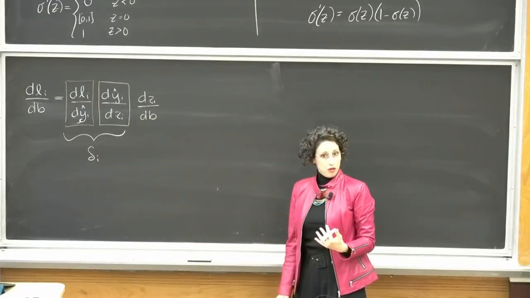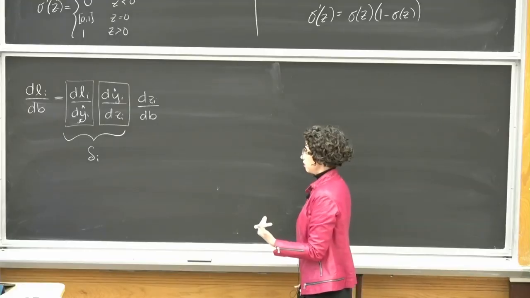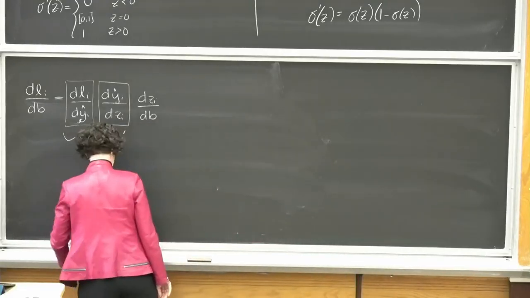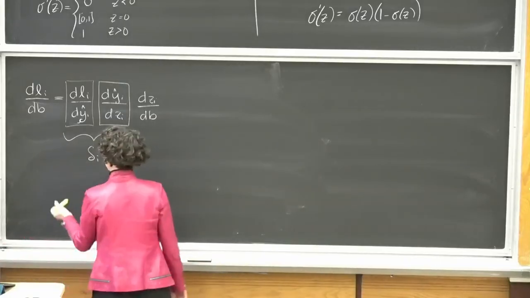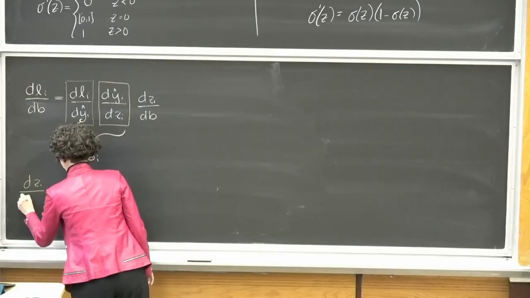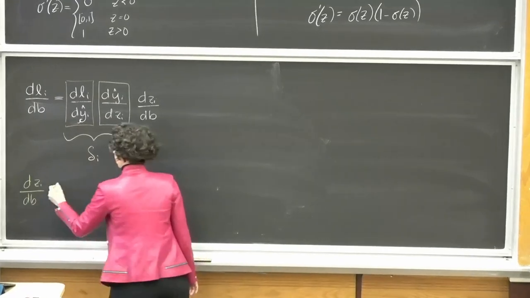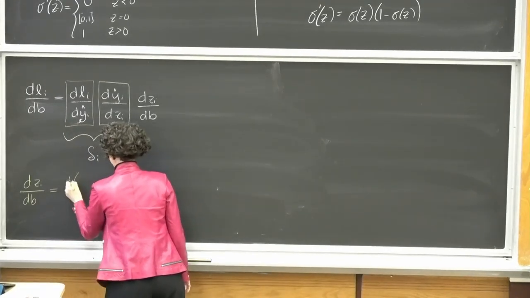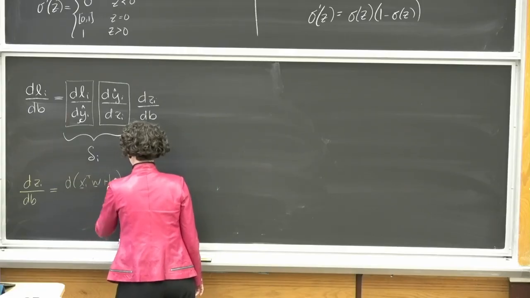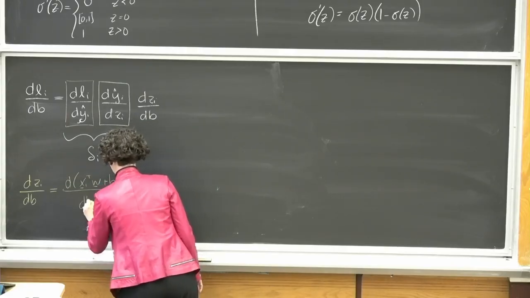So now in order to compute the derivative with respect to the bias, we only have to do one new thing. We have to compute the derivative of zi with respect to b. And so here, the derivative of xi transpose w plus b with respect to b.